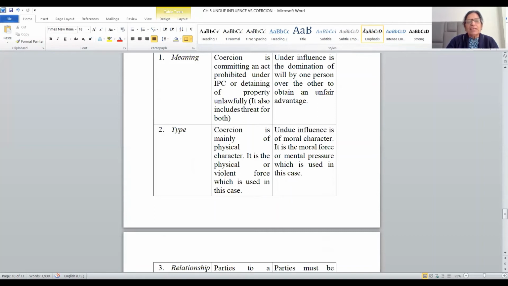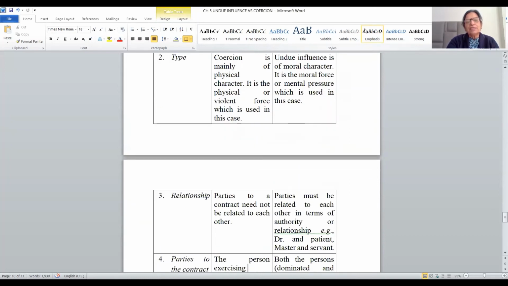And then, friends, second is type. Even the type of force which is used is different. Coercion is mainly of physical character or violent force or physical force which is used. But when we talk about undue influence, it is a moral pressure, a mental pressure, which is exercised in order to dominate the other person. Third is relationship.